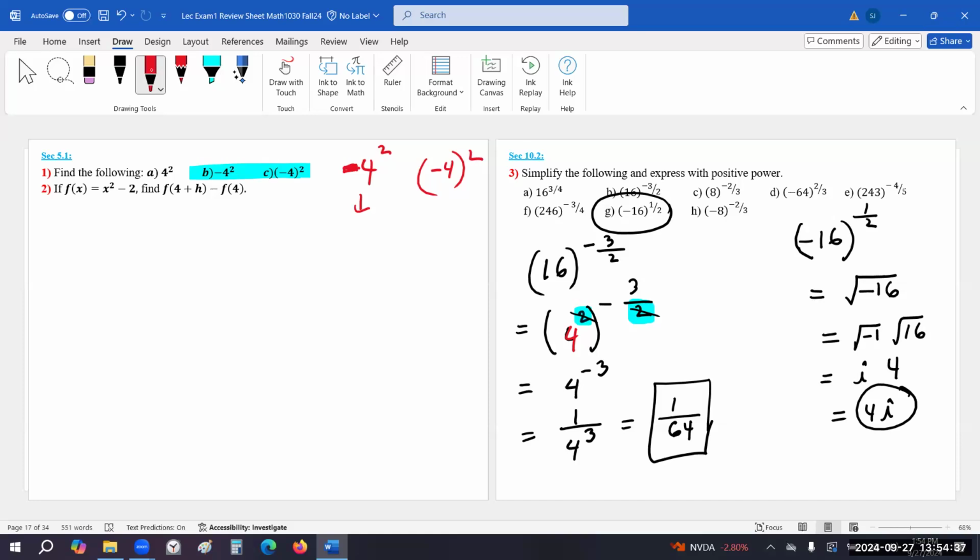That means our negative is extra. No parentheses means the negative is extra, carry it down. So it's negative 16, but this one has parentheses around it, so it gives a positive answer. We'll definitely see them next class.